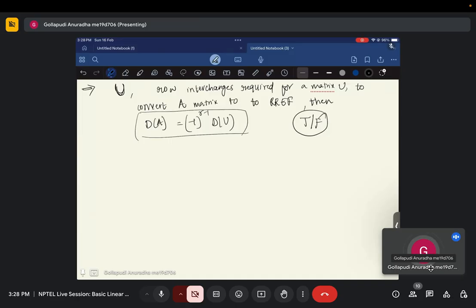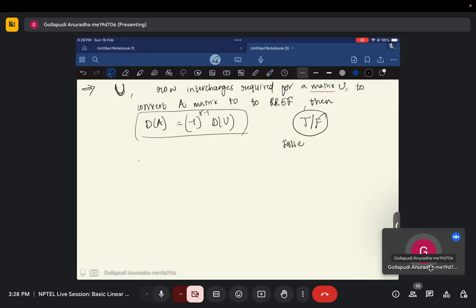I am saying that you have a matrix A, and to convert it to a reduced row echelon form, which I am naming U, I am doing r row interchanges. So the relation for determinant of U and determinant of A, I am giving it like this, as you see here. So is this true or false? True, ma'am. Okay, so actually it's a false statement.